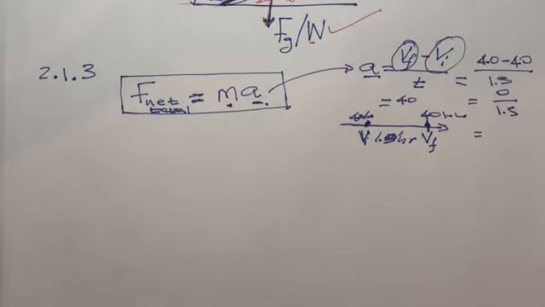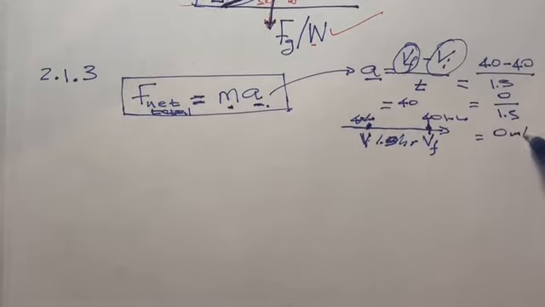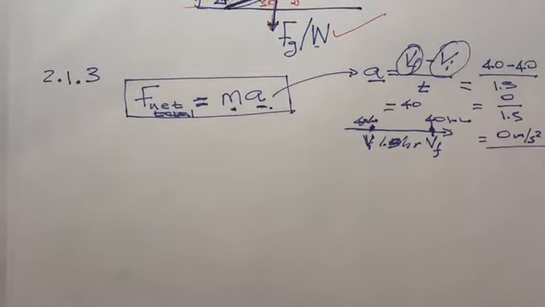Anything, when you divide 0 by whatever number, equals 0. We therefore have 0 meters per square second, which is the SI unit for acceleration.